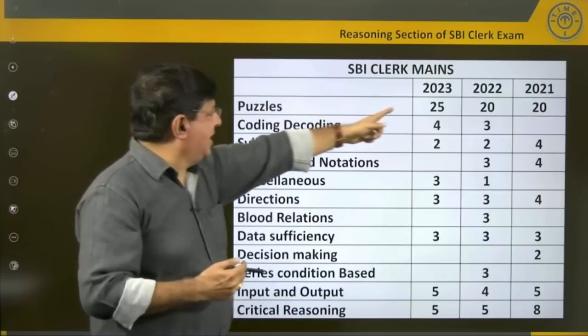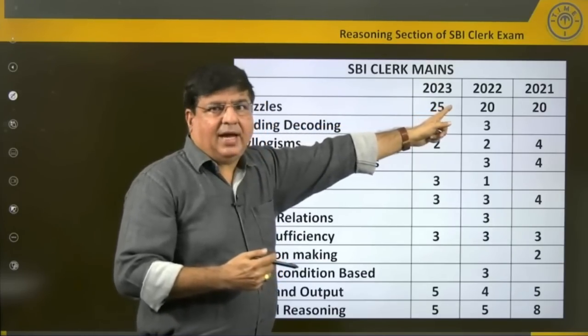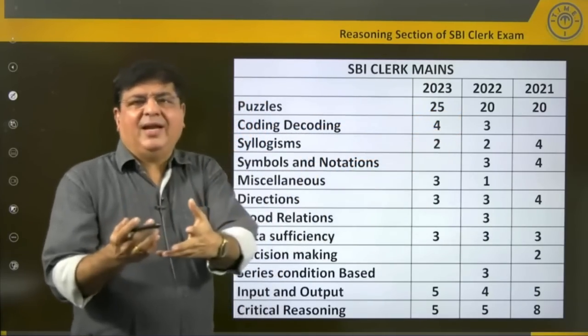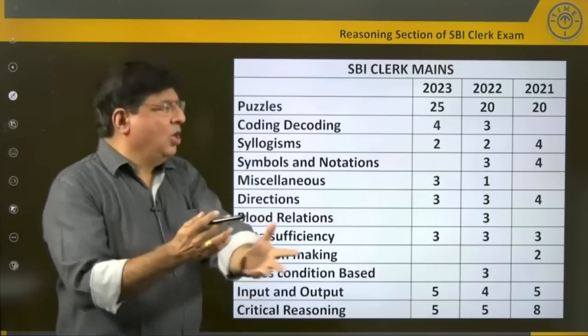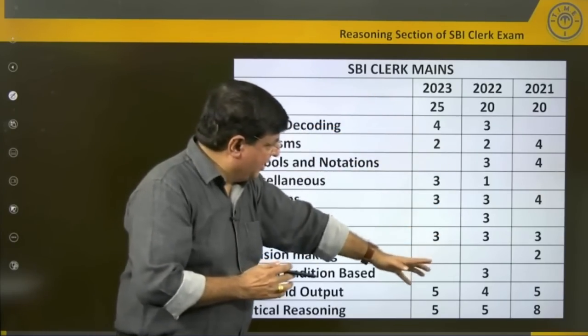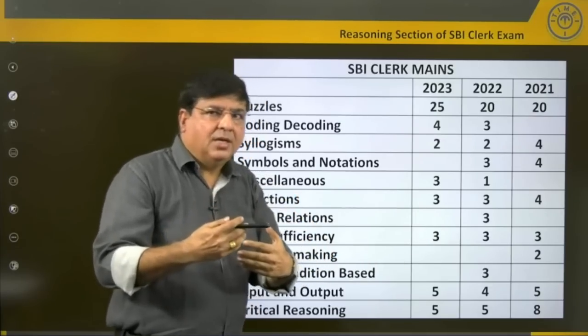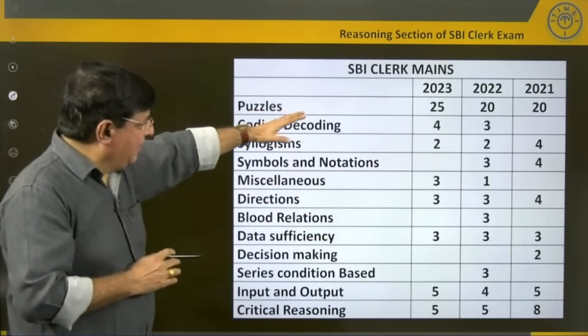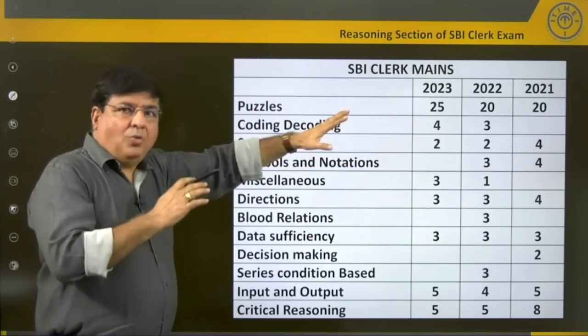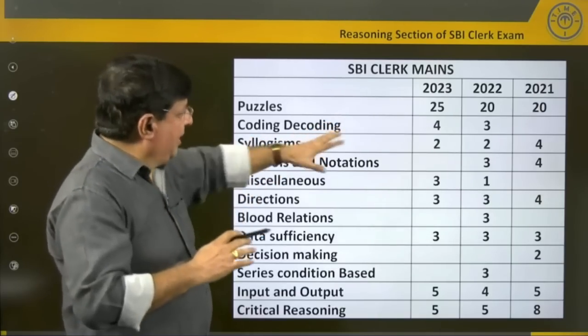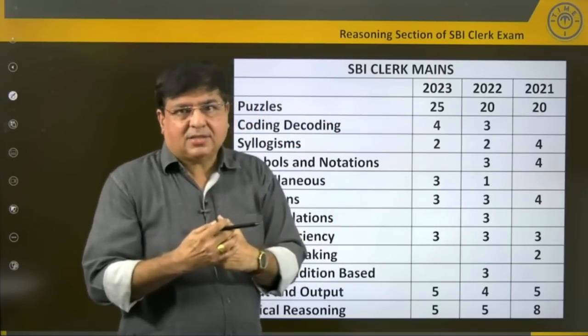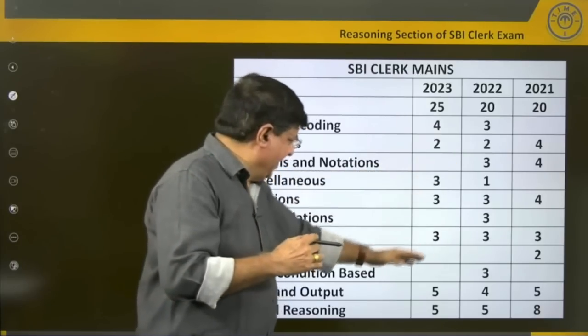In 2023, for puzzles, 25 questions is written here out of 50. There may be 27, there may be 23 also. But this approximate number, the feedback that we get from students, will give you an idea about the importance of the topic, which topic you have to give more importance to, and which topic you can prepare at the end.